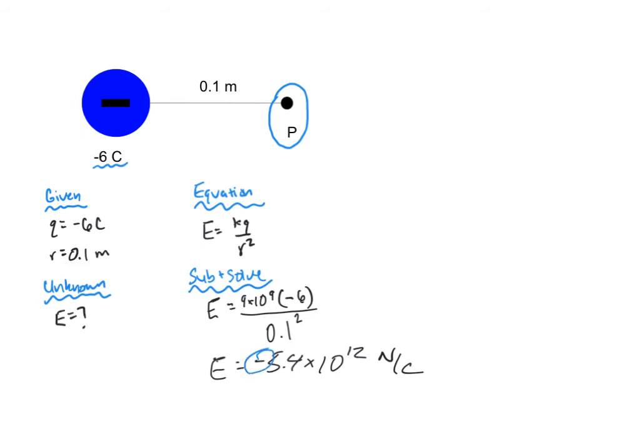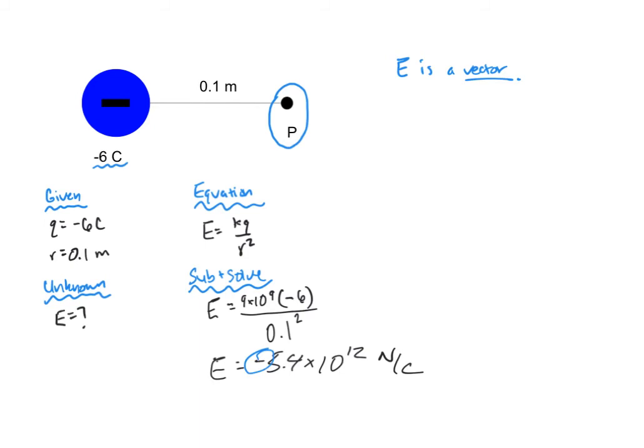Well, when we're talking about electric field, it's important to remember that the electric field, E, is a vector quantity. So that negative sign is representing direction, like it does for any other kind of vector.